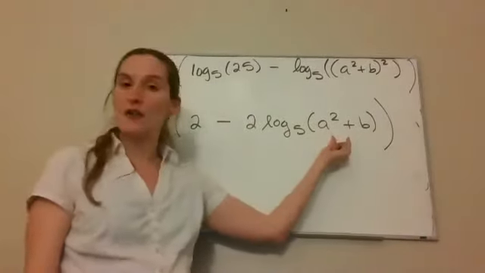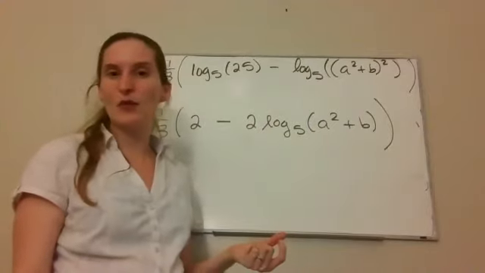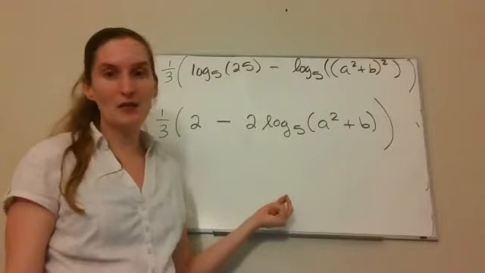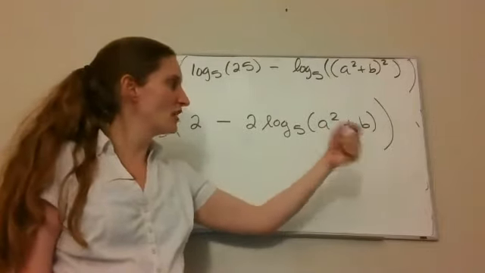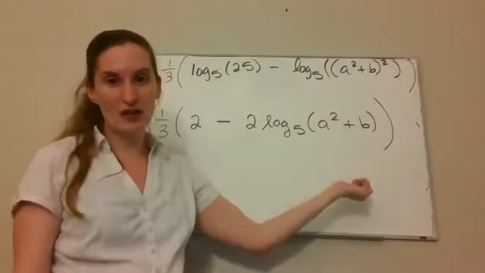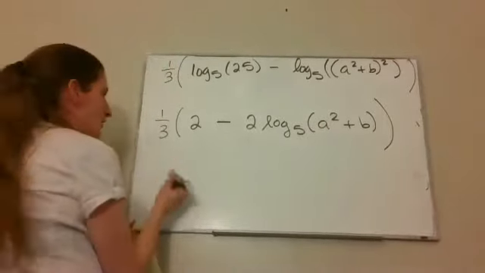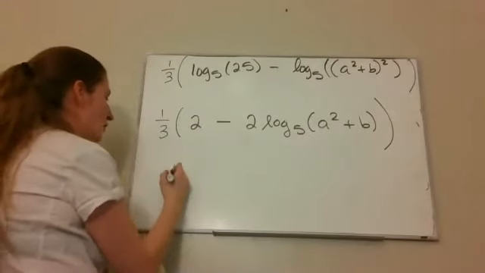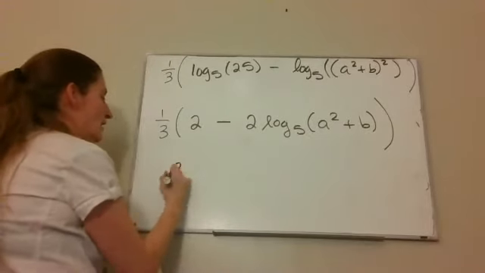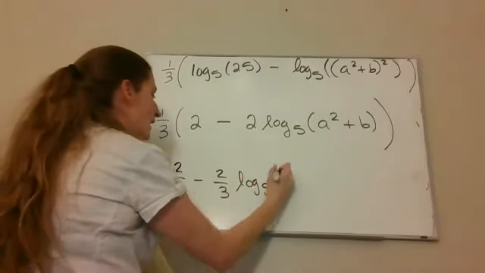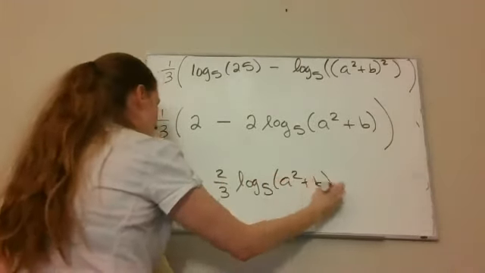Inside of this logarithm, I have addition, and I don't have a rule that allows me to simplify that. I only have a rule that allows me to simplify when I have multiplication, powers, or division in there, not a plus. It's about all I can do to finish it up, if I wanted, is distribute that 1/3 to get 2/3 minus 2/3 log base 5 of a squared plus b squared.